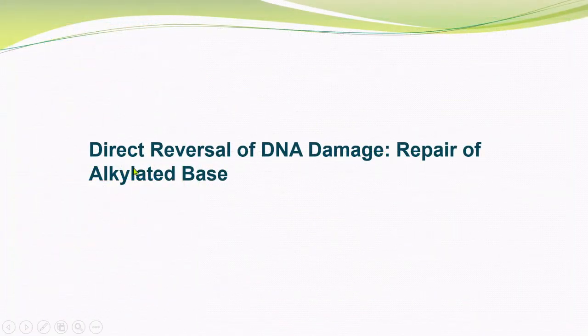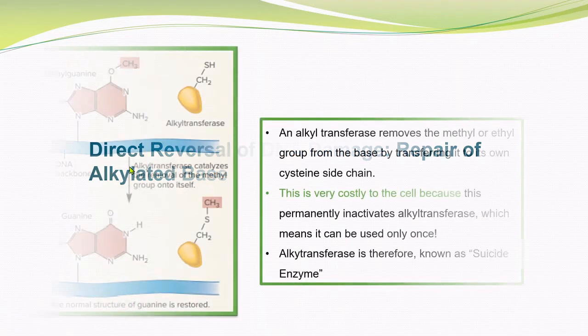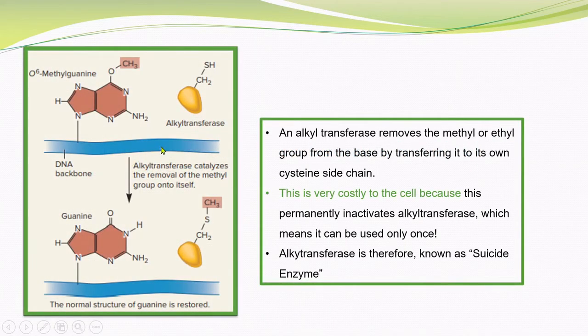The second mechanism of direct reversal of DNA damage works on alkylated bases. An enzyme known as alkyl transferase removes the methyl or ethyl group from the bases. We have already studied that when the bases become alkylated, the DNA becomes damaged.